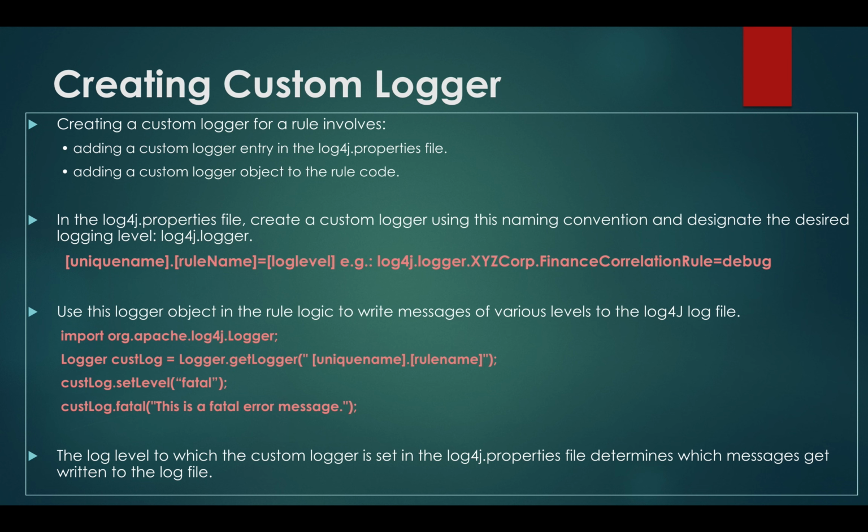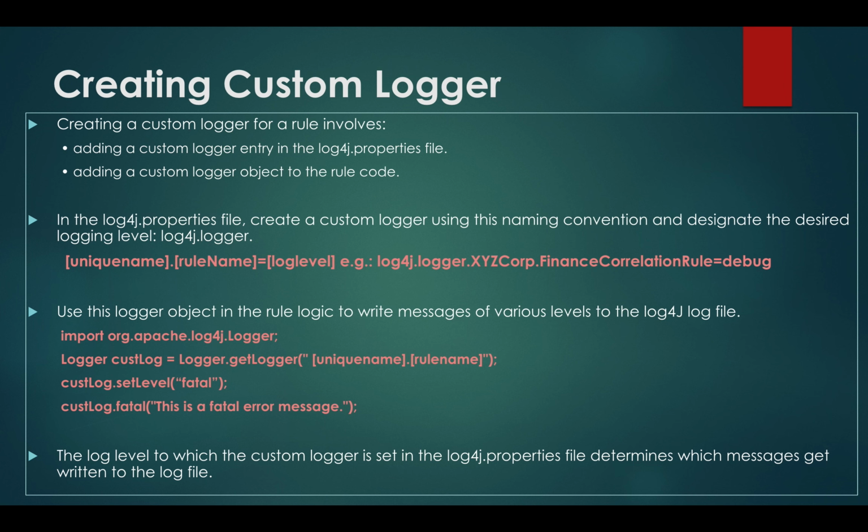Once this entry is defined in the log4j.properties file, I can use the log object, the custom logger, by utilizing these statements. One is you have to import org.apache.log4j.Logger, then you have to create a custom log object with getLogger, passing in the custom logger you have defined in the log4j.properties file.